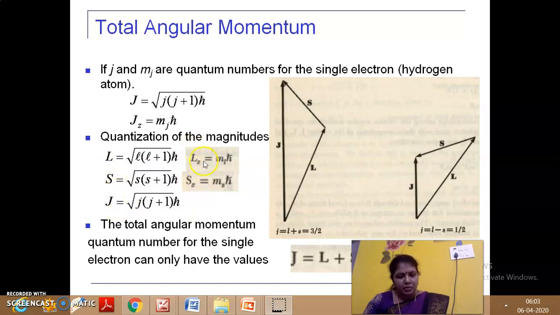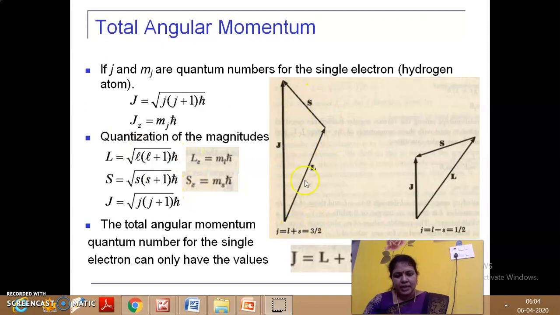Similarly, the orientations are also quantized, as for Lz orbital angular momentum, spin angular momentum, as well as the total angular momentum. So the total angular momentum for a single electron can have the values J is equal to L plus S and Jz is equal to Lz plus Sz.